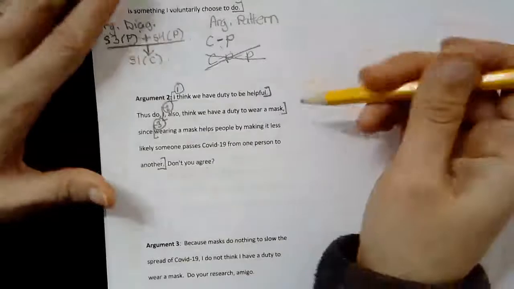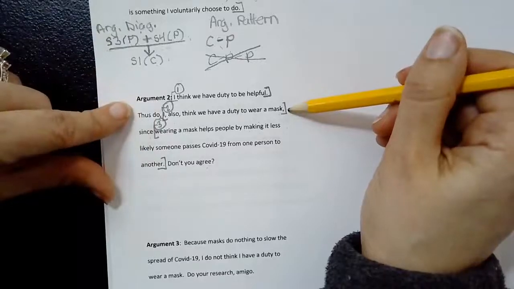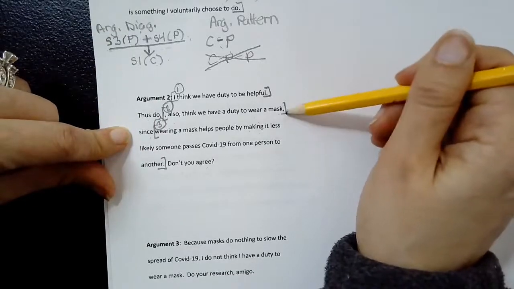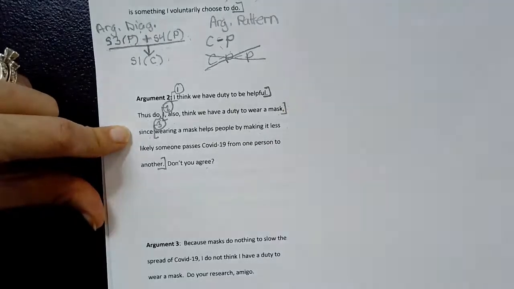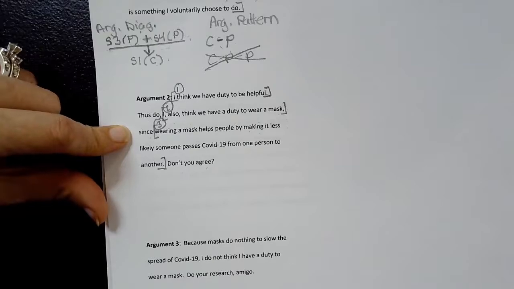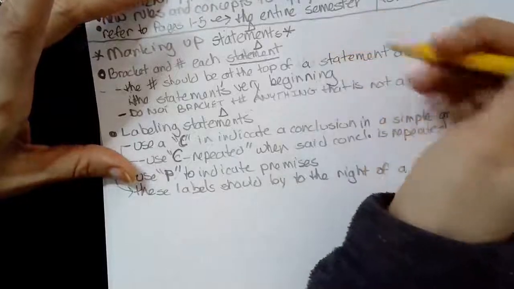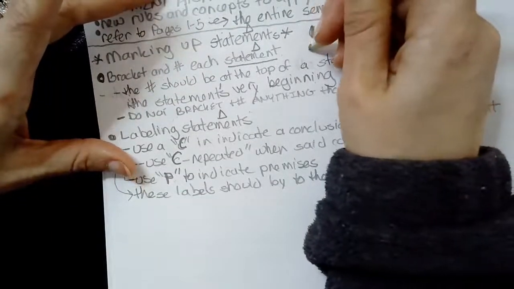Okay, so now an important note. Notice, and I'm pretty sure I covered this during a previous lesson for argument construction, you can have any number of statements in a sentence, and I think that was also covered in a module. So let's go ahead and write this here, right? So here where it says bracket and number each statement, we're going to do a little exclamation mark, right?